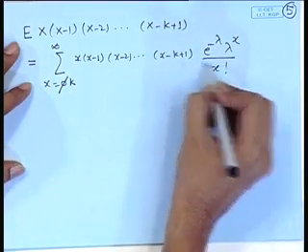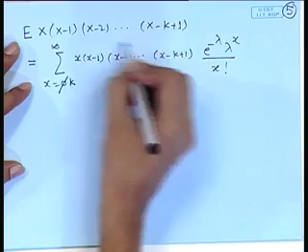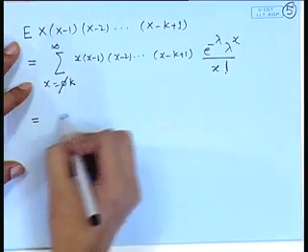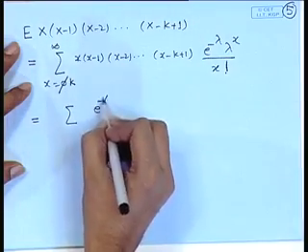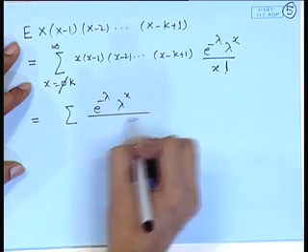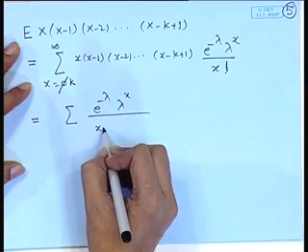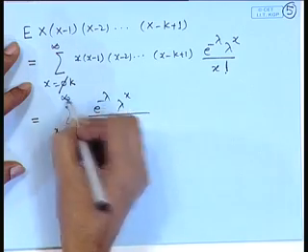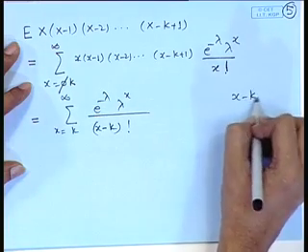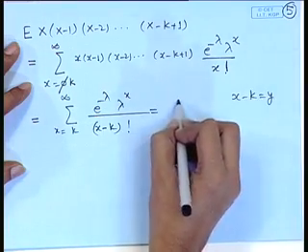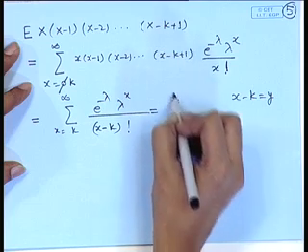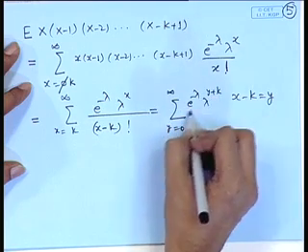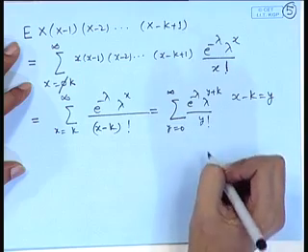So, naturally then we can cancel this term from expansion of x factorial, and we will get e to the power minus lambda, lambda to the power x divided by x minus k factorial, x equal to k to infinity. So, if we substitute x minus k is equal to y, then this becomes summation from y is equal to 0 to infinity e to the power minus lambda, lambda to the power y plus k divided by y factorial.